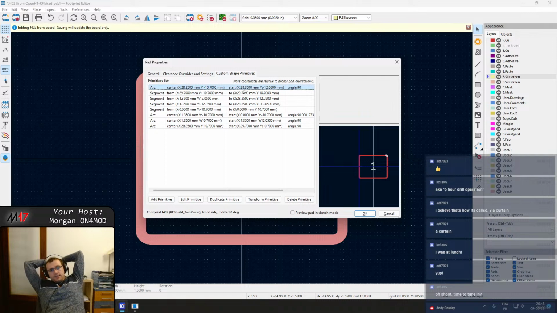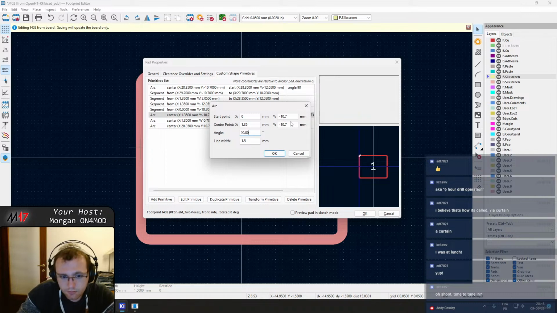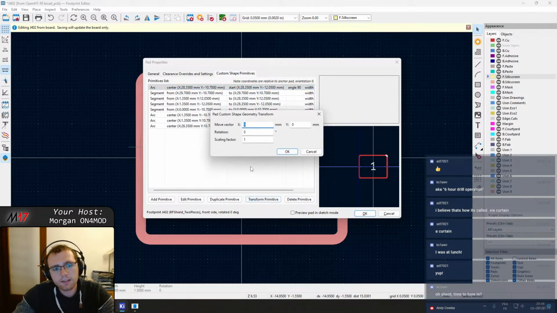If I don't do that, it's gonna complain. However, what I can do is make several pads with the same pad number, and each one is its own piece. So that I can do. Okay, why is it not 90? So we are just gonna translate everything by, yeah, like this.